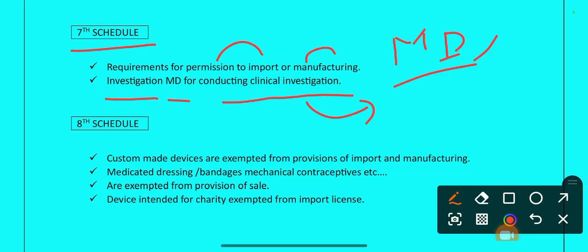So why does the seventh schedule cover conducting clinical investigation in medical devices? It is essential for medical devices to demonstrate their safety, effectiveness and intended performance in humans, ensuring patient and user protection and providing reliable scientific evidence for regulatory approval, ultimately translating innovative technologies into safe and beneficial healthcare practices.